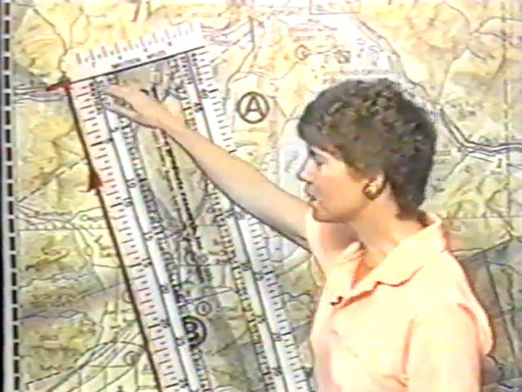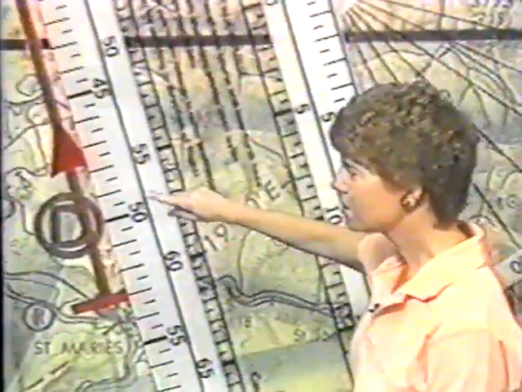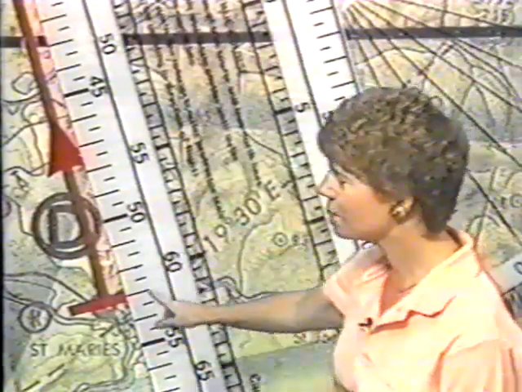When you get your plotter on there, remember to put the 0 point on the airport, not the physical end of the plotter. When you look at the distance, you'll come up with 51, 2, 3. The distance comes out to 53 nautical miles.